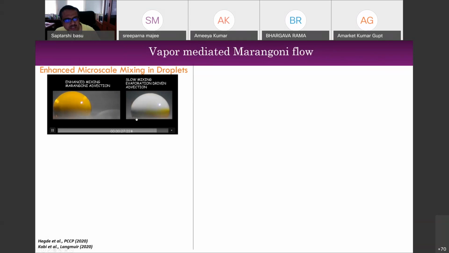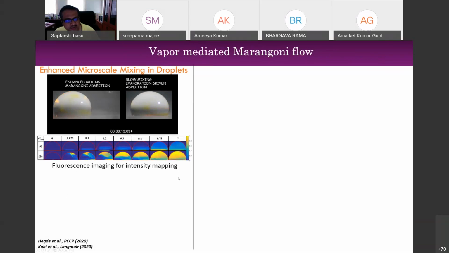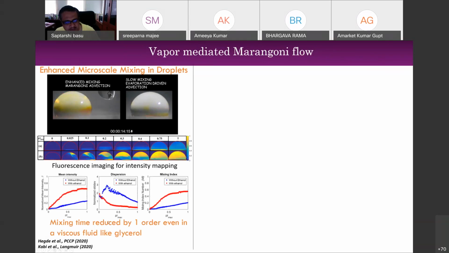It is a very slow process in itself. If you do an intensity mapping, the mixing time increases by an order at least, even in a viscous fluid like glycerol. So just by doing vapor-mediated interactions, we can change the flow field and the mixing in the droplet by quite a few margins. And this is completely in situ and completely contact-free.